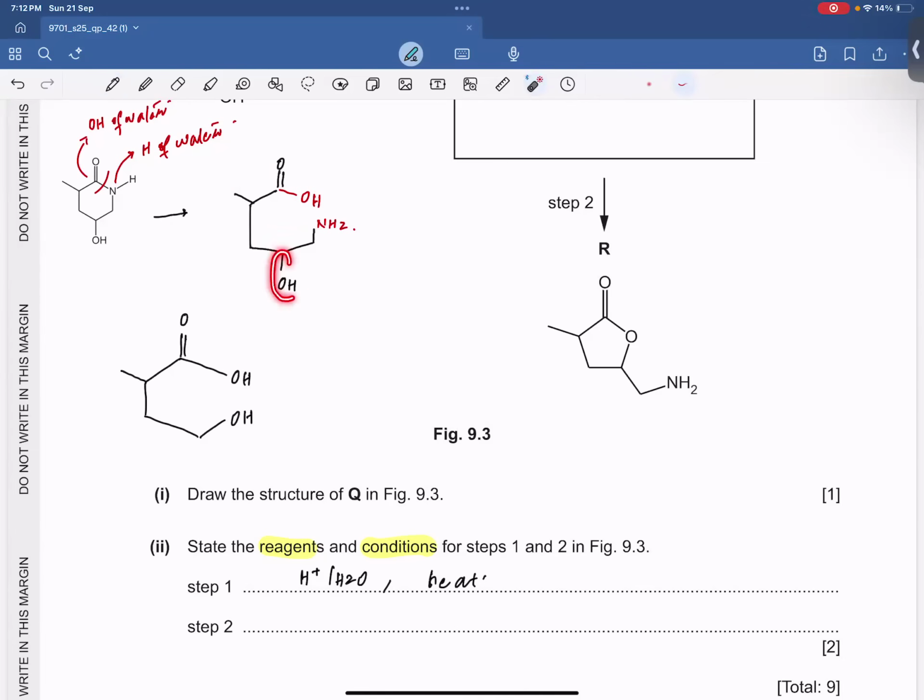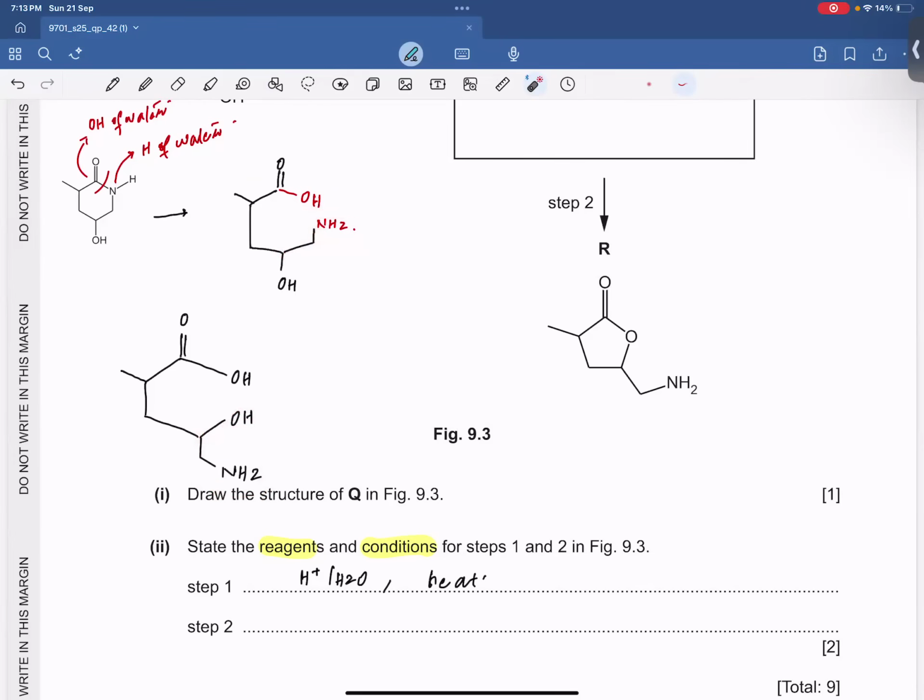This OH shifts there, and this entire group, NHCH2 and then NH2, shifts here. I hope it makes sense to you.